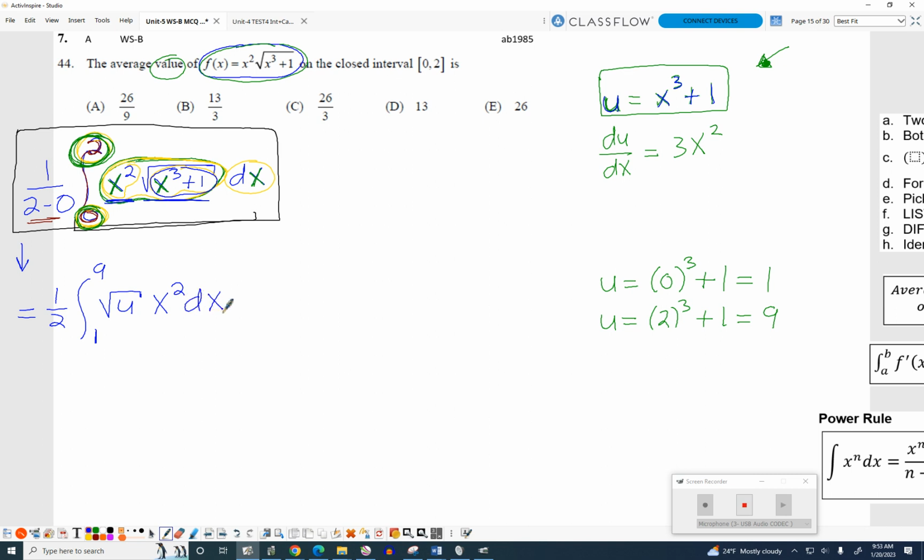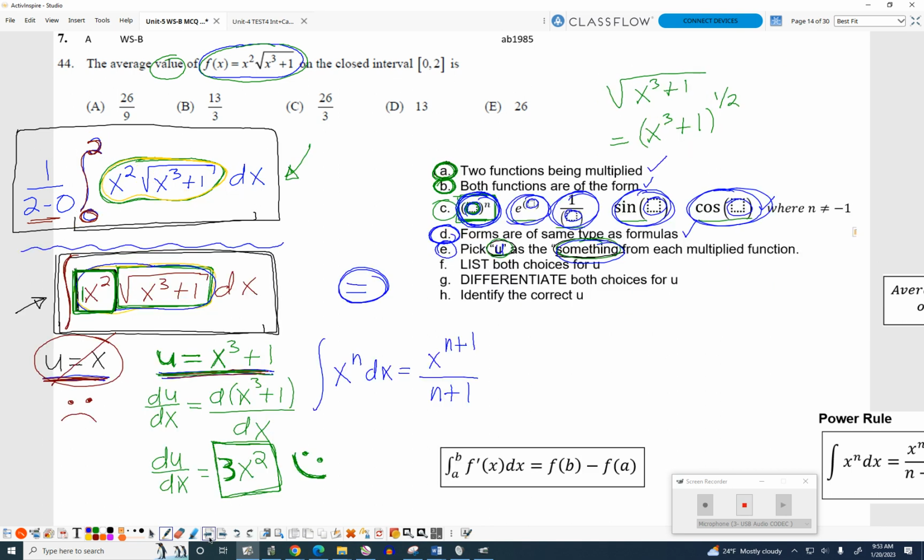Questions? Please. Didn't we get rid of the square root by making it to the 1/2 power? We recognized that it meant 1/2 power, so we saw that this right here is of the form something to the 1/2. But our choice for u is always the something.